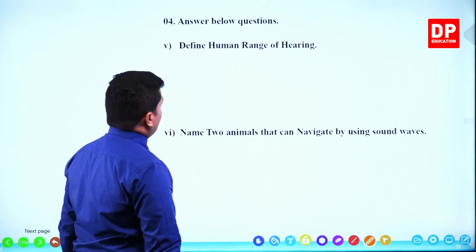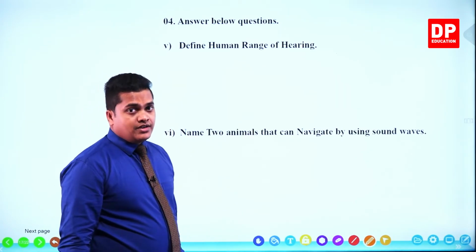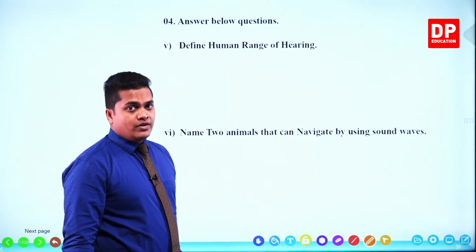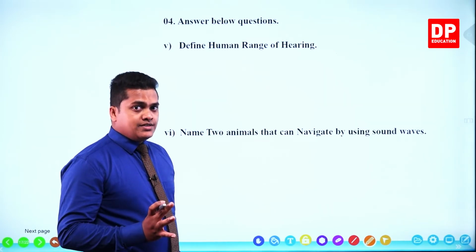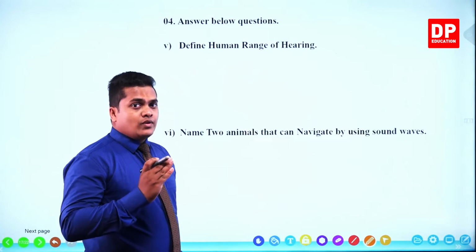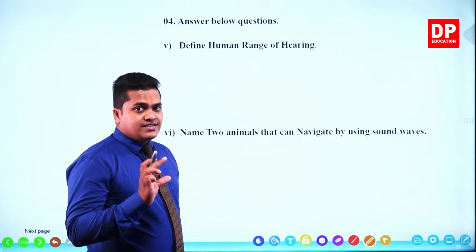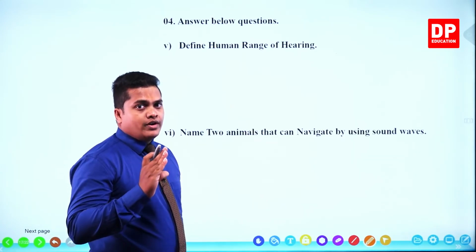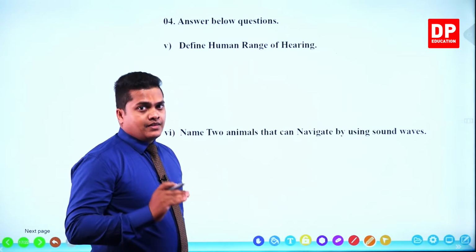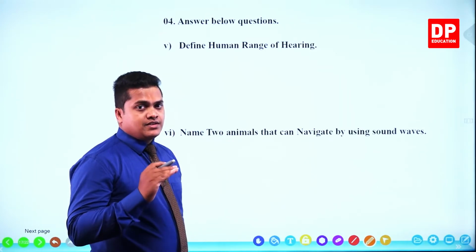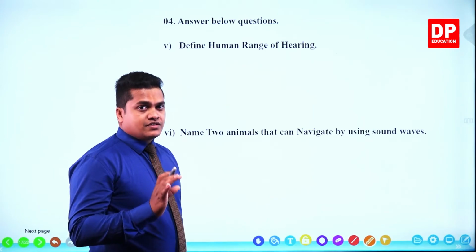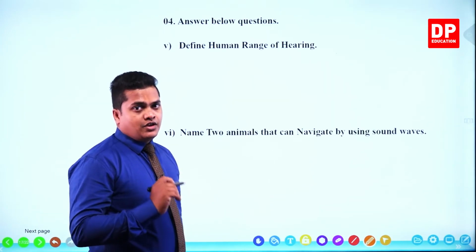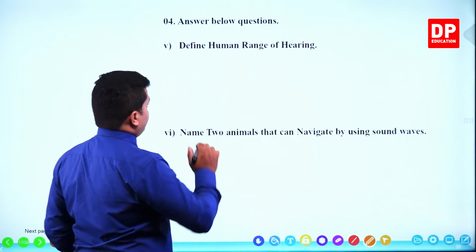So what do you mean by the hearing range? Hearing range means the frequencies of sound which are sensitive to human ears.